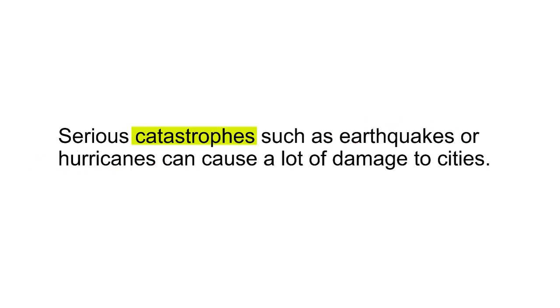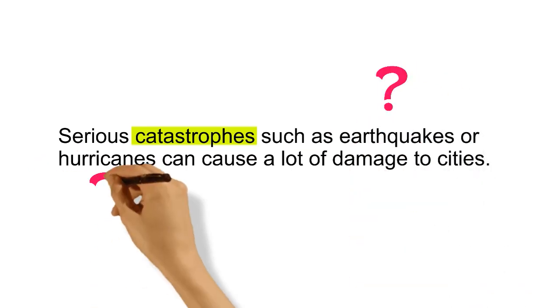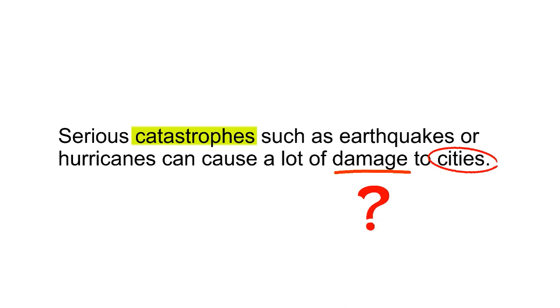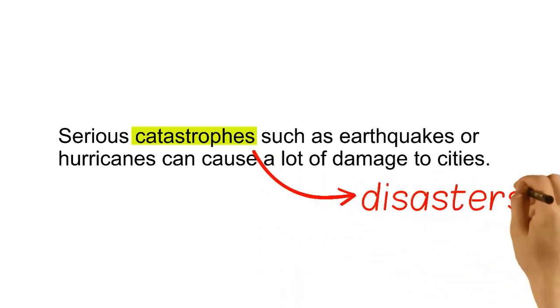Even if you don't know what earthquakes and hurricanes are, you can still use the word damage as a clue. The sentence tells us that catastrophes can cause damage to cities. What can cause damage to a city? Based on the context clues, a good guess for the meaning of catastrophes is disasters.